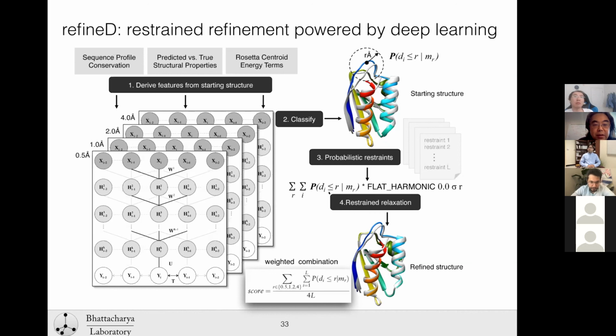If it's a prediction of refined D, I think it's similar or at least correlated with the prediction you have from QDeep. And what about just using the QDeep prediction directly in this refinement protocol?